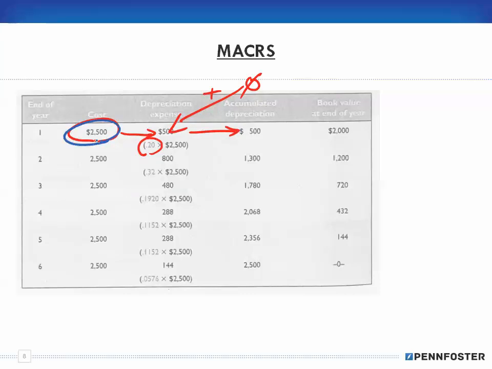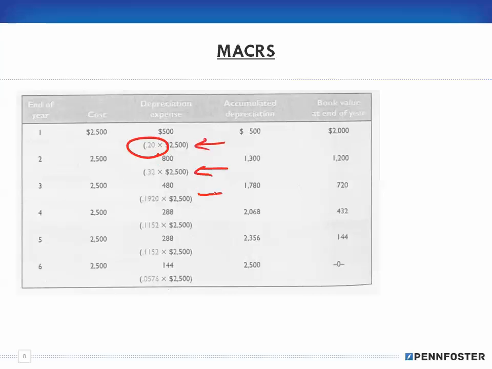We take the 2,500 minus the accumulated depreciation of 500. That gives us a new book value of 2,000. All right, you've seen that before. Okay, so that's not like any new surprise. The new surprise here is how we're calculating the MACRS, the 20%. And of course, these are just for illustration purposes only in order to determine the depreciation.